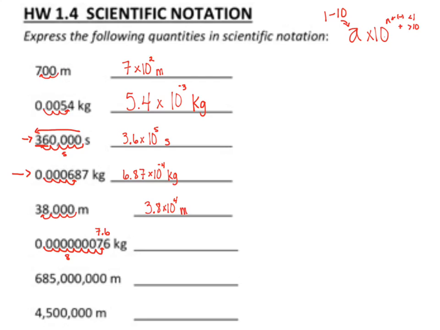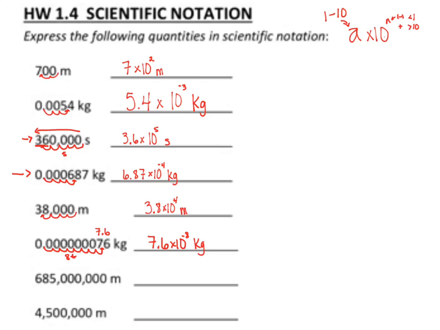I write the number of times I moved my decimal point, so times 10 to the 8th, and because this is a really small number, actually less than 1, my exponent will be negative. And my unit is kilograms. Negative 8.